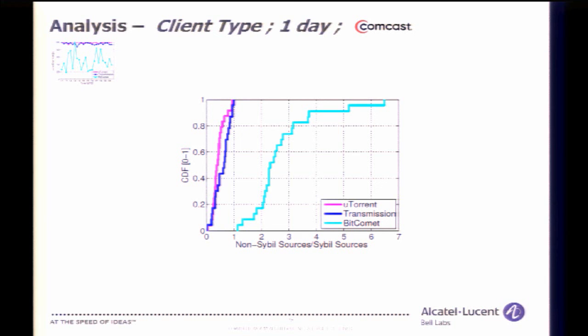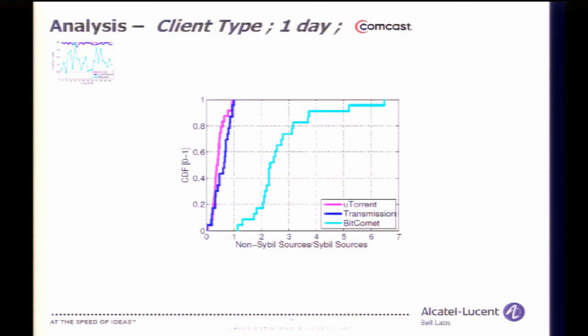And why is this happening? Well, BitComet clients are not announcing to us. They are supposed to implement the DHT protocol in a given way, and they don't. They build a private network across BitComet clients that they tend to favor. First of all, they will try to stop connections to uTorrent and Transmission clients.